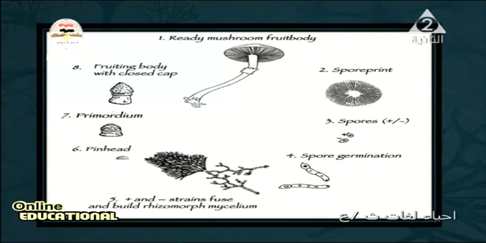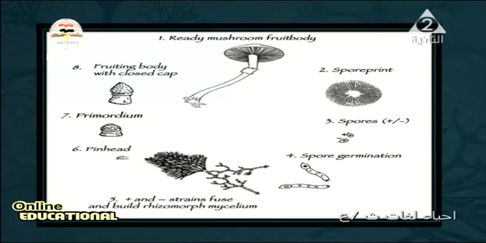Now we are going to see how the mushroom produces spores. The spores are found at the base of the mushroom. When the spores come to a suitable medium, they fall and produce a new individual mushroom.